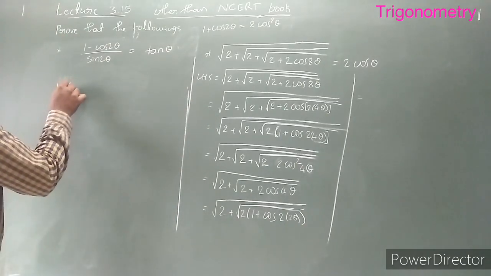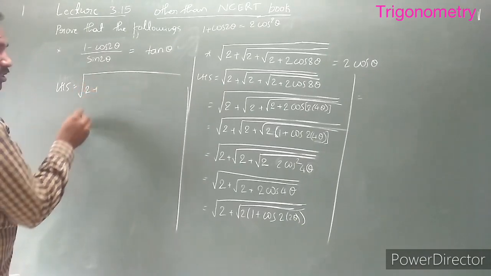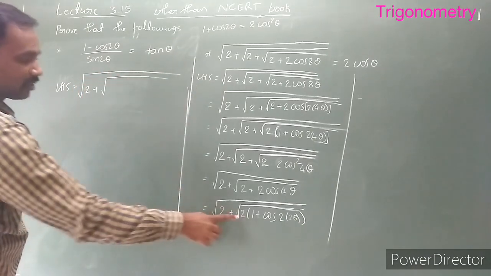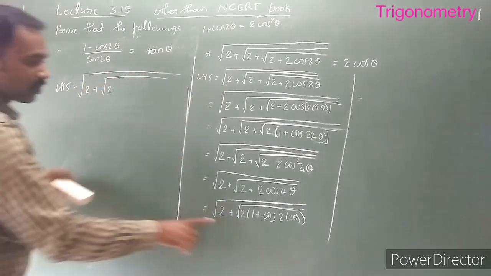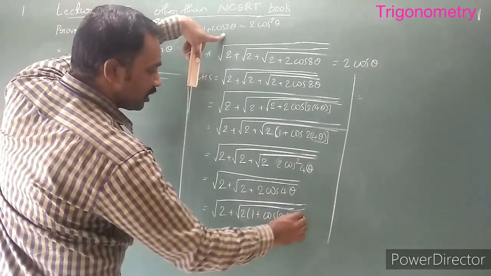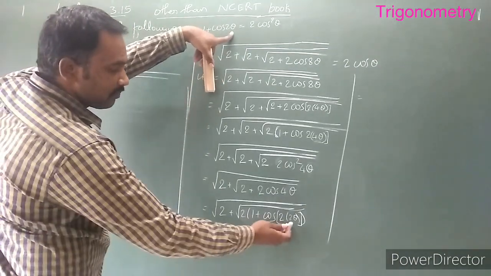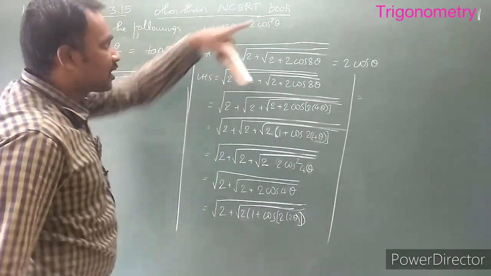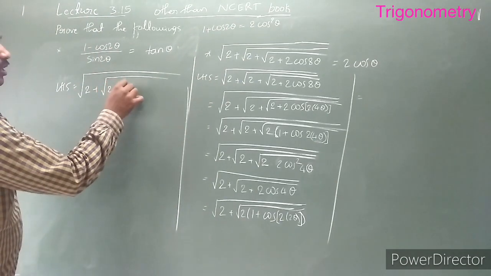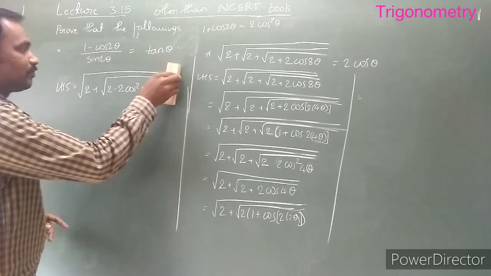LHS is equal to root of 2 as it is plus root of this 2 as it is, 2 into 1 plus cos of 2 into 2 theta. In place of theta, 2 theta is there. What can we write? 2 into cos square of 2 theta. That's all. Now, simplify.